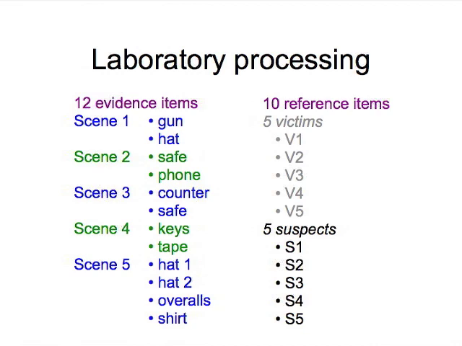So the Kern County lab decided that they would not try to even interpret this by eye, but they would bring in a computer for this. There are also 10 reference items shown on the right, 5 from victims and 5 from suspects. And the task was to make a comparison between all 12 evidence items against all 10.